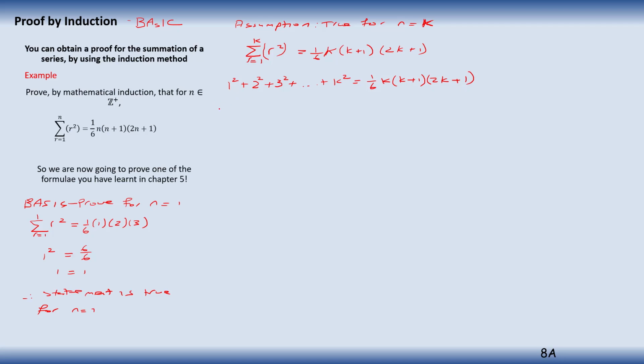So we've got 1 plus 4 plus 9 plus 16 up to k squared is equal to 1/6 k, k plus 1, 2k plus 1. Okay, so that's our assumption.